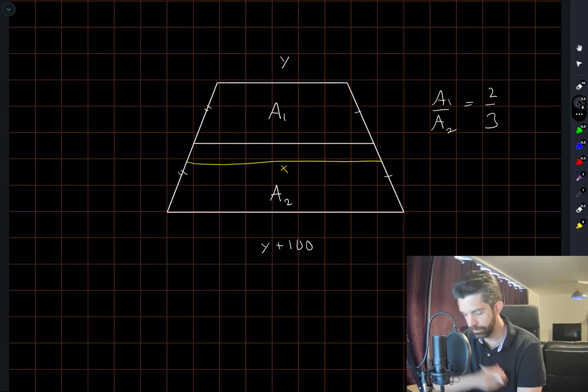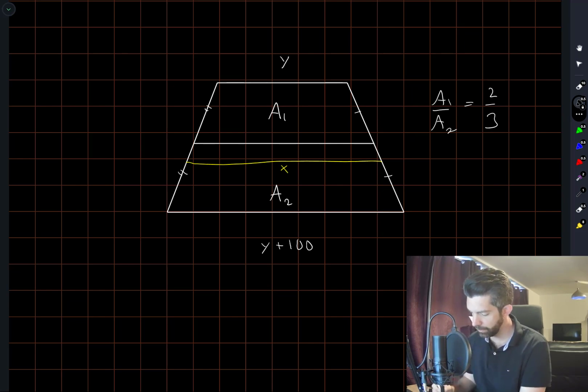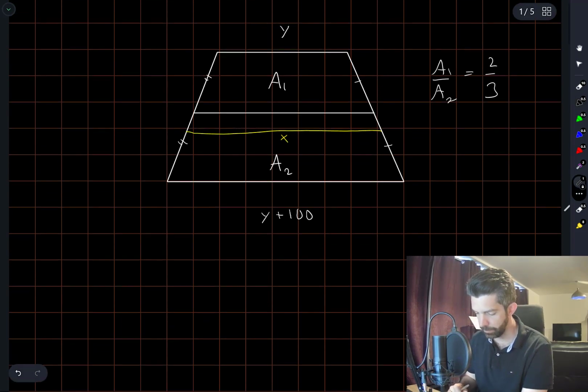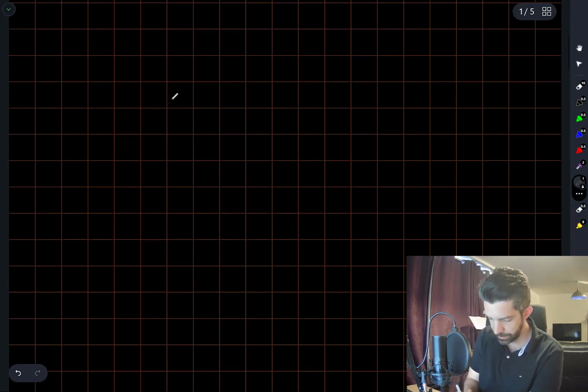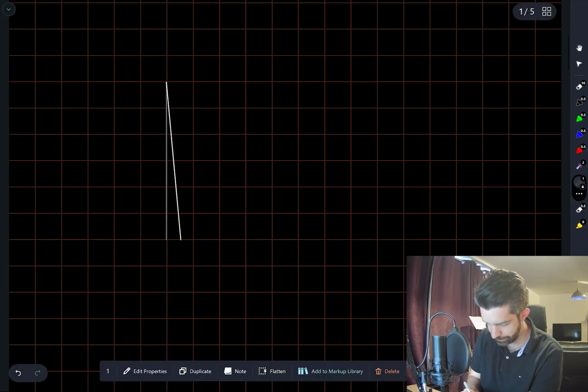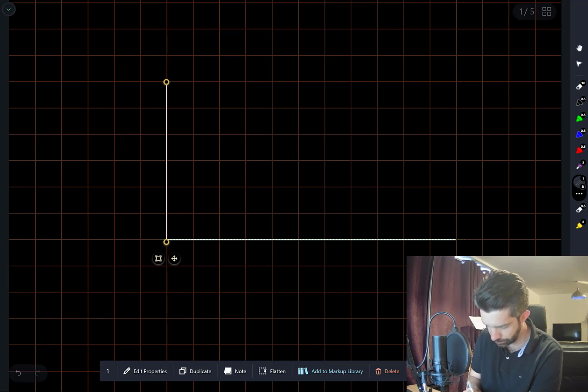So we're not told that. I'm going to draw the picture a little bit differently because, without loss of generality, I can assume that the trapezoid has a right angle in it.